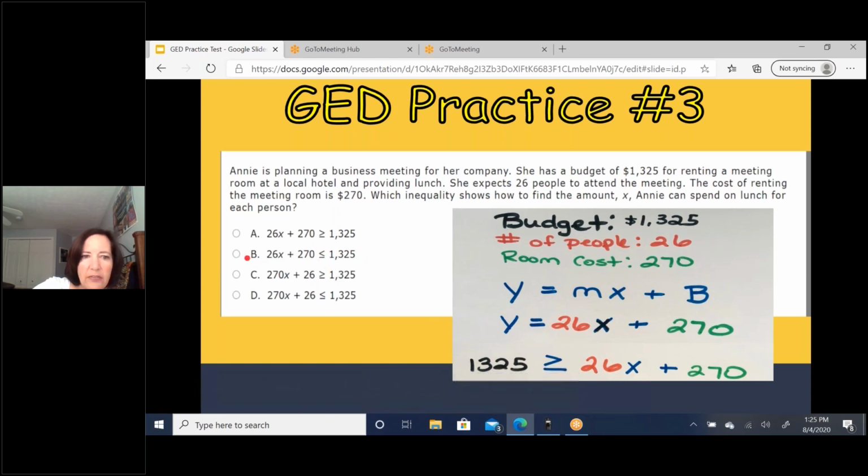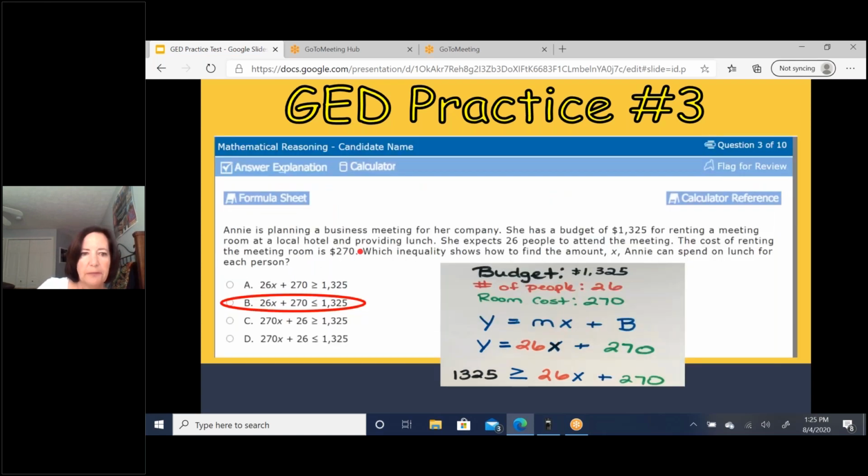And that would be the case for option B. We have our 26X matches plus our starting point of $270 for the room cost. Those costs are on the smaller end of the symbol, and our budget that we have to stay under is $1,325. So it matches up to option B.